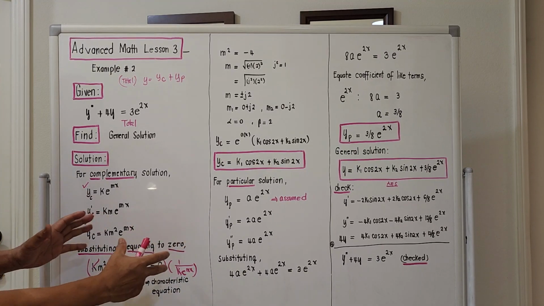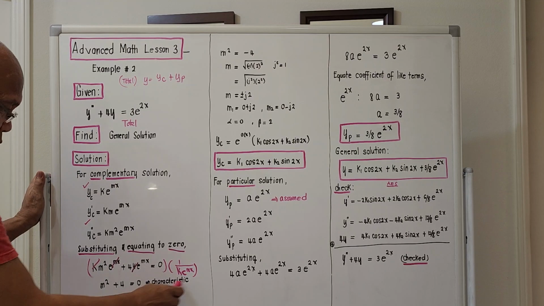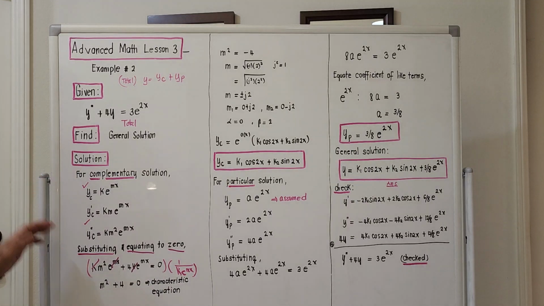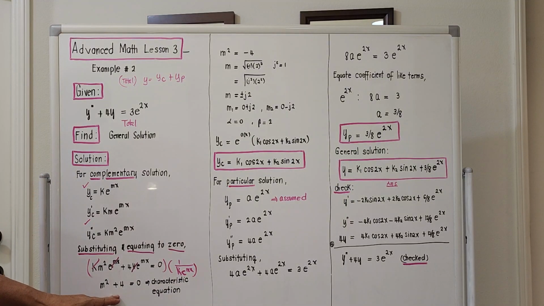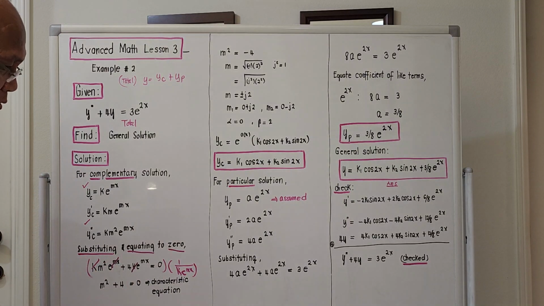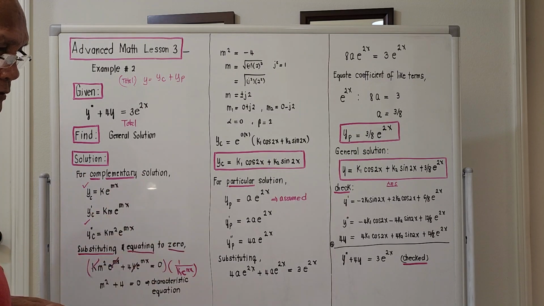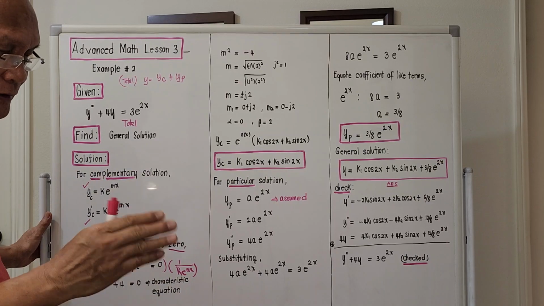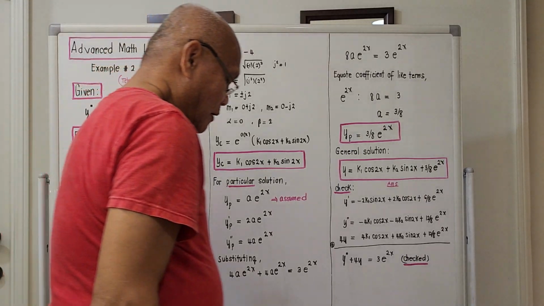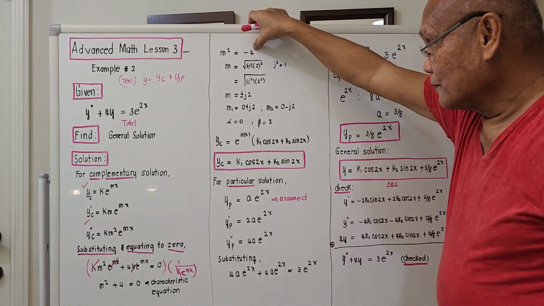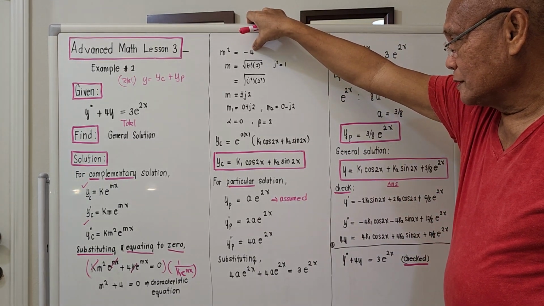So what comes out for the characteristic equation is actually m square plus 4, and this should be equal to 0. And we are now given a quadratic characteristic equation. To solve for the complementary solution, we have to solve for the possible roots of m. Okay? M square will be equal to negative 4, that is after the transposition.